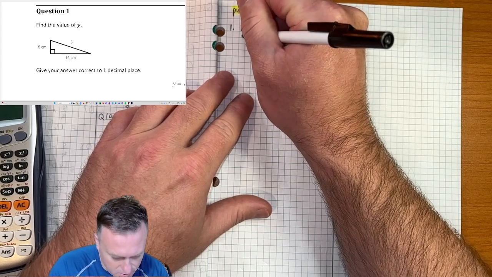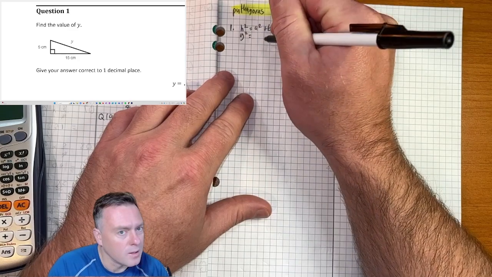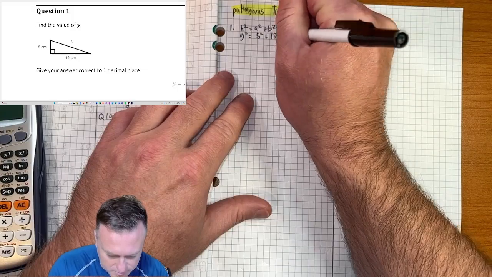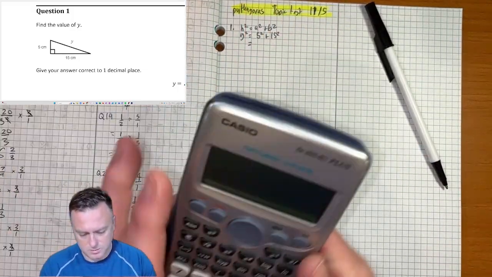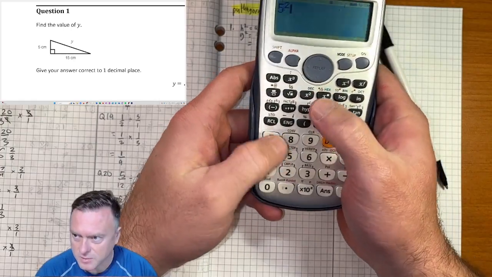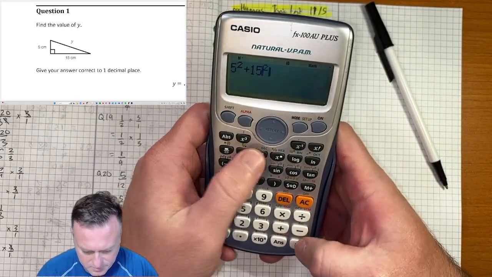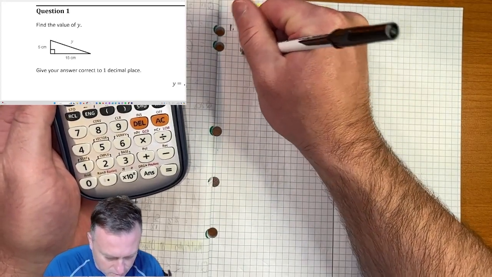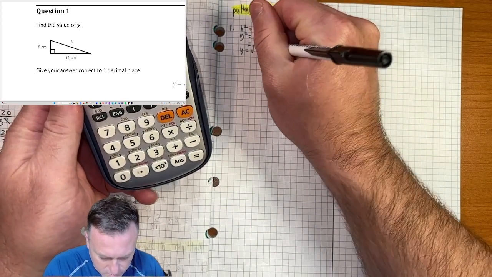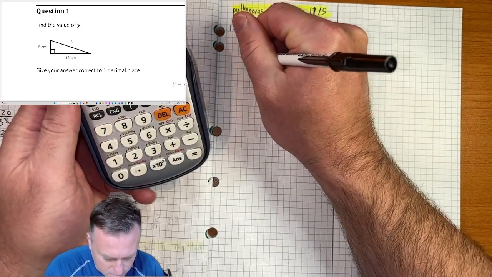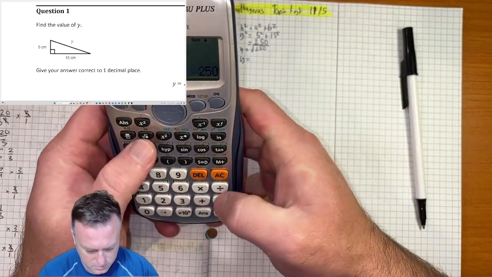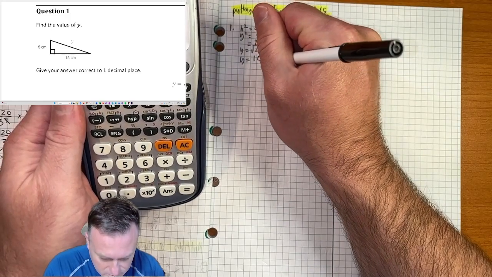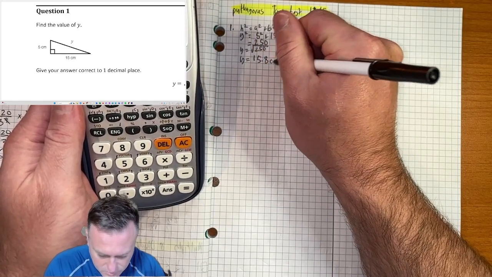In this case, we're doing y squared is equal to 5 squared plus 15 squared, which then equals, grab our calculator, 5 squared plus 15 squared, gives 250, and y equals the square root of 250, so therefore y equals 15.8, they want one decimal place, and that was measured in centimeters.